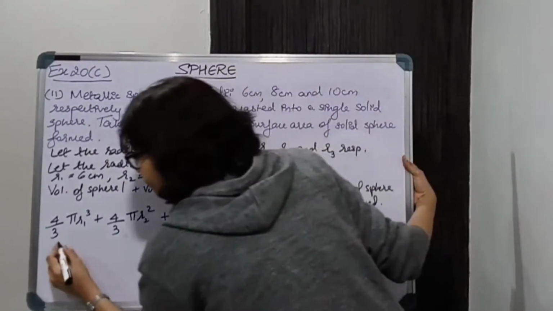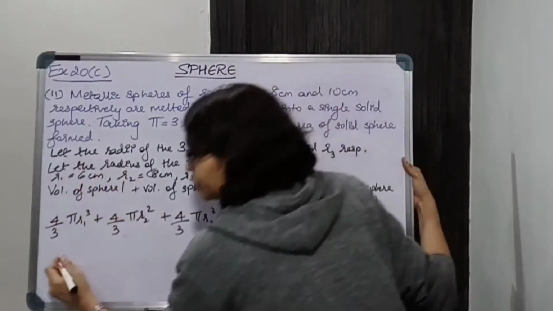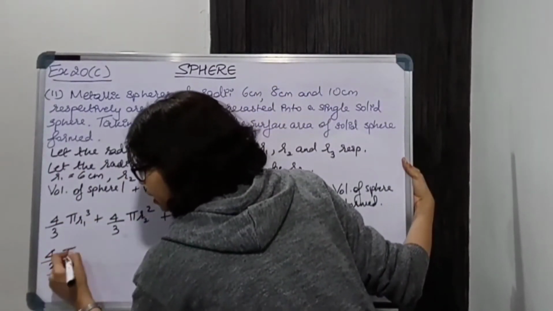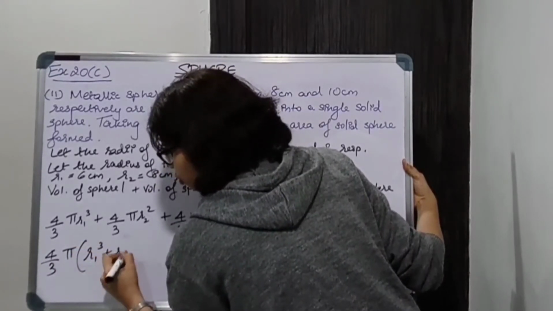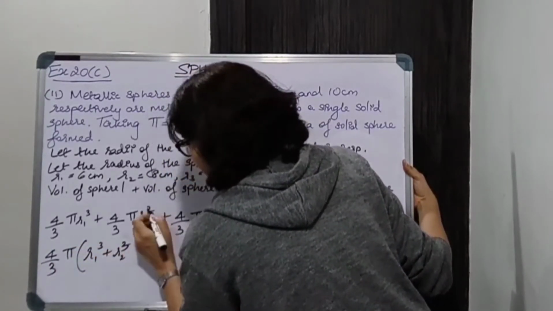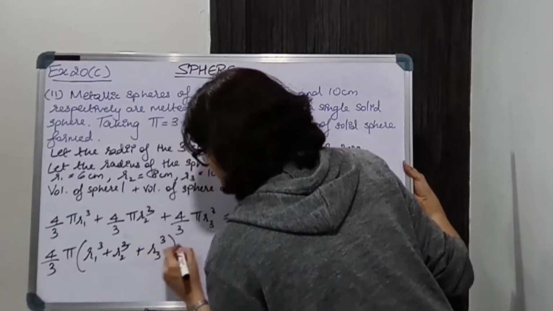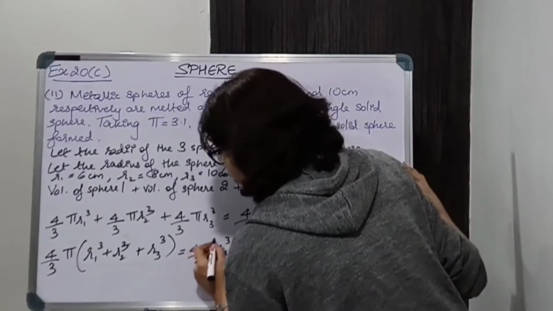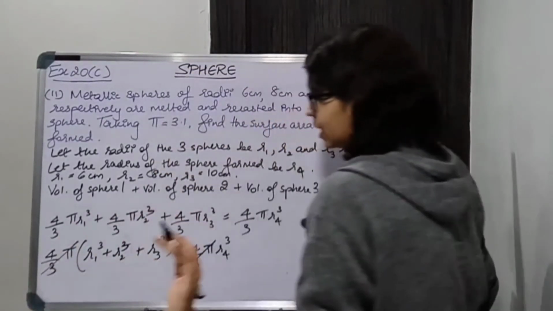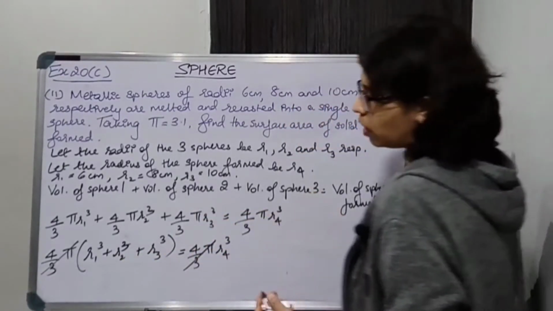Now we'll take 4 by 3 pi common from everything. So we are left with r1 cube plus r2 cube plus r3 cube is equal to 4 by 3 pi r4 cube. 4 by 3 pi will get cancelled. So r1 cube plus r2 cube plus r3 cube is equal to r4 cube.